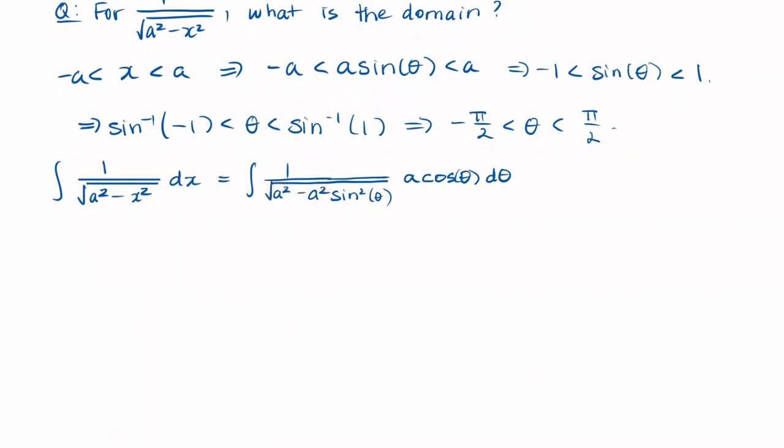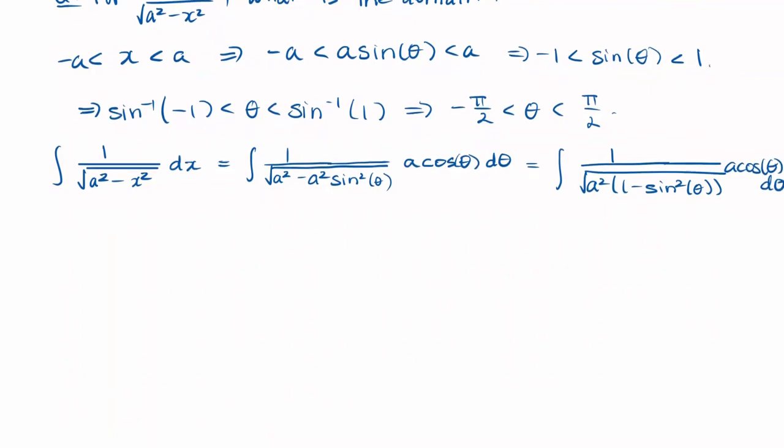So by doing so, we have 1 divided by the square root of a squared times 1 minus sine squared theta, and that's a cos theta d theta. Okay, so we see this part down here, the 1 minus sine squared theta. This is also the same as cos squared theta by Pythagorean identity.